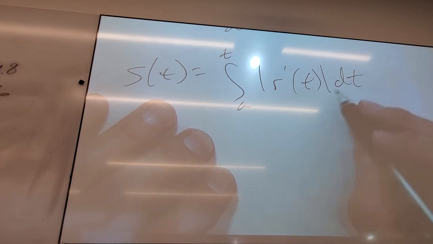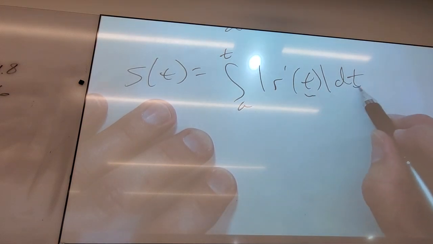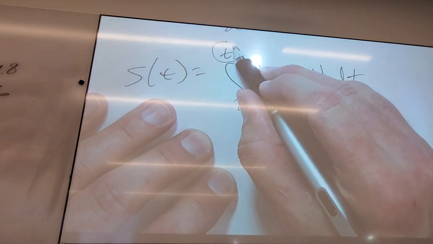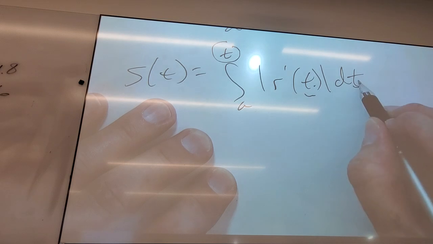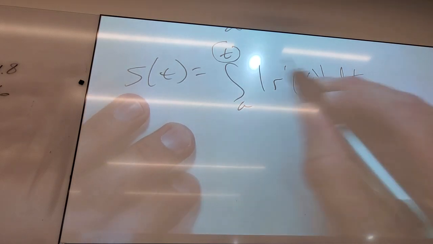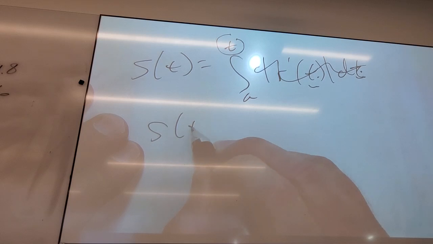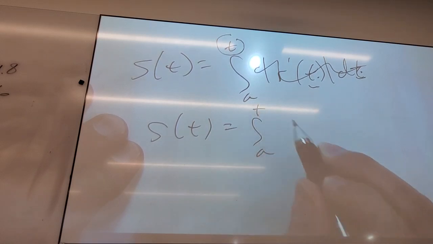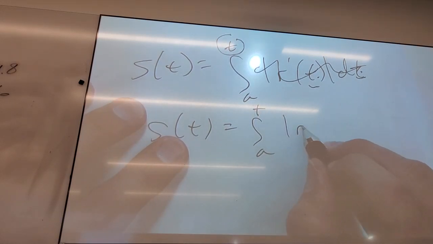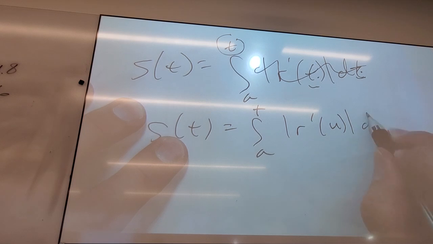I lost my own narrative. The main thing from FTC is that if t is now the upper limit, I need the integration variable to be a different variable. t can't control two different aspects of the same thing. So let me try this again. It's not even what I have written down. I'm not sure what I wrote there. Okay.